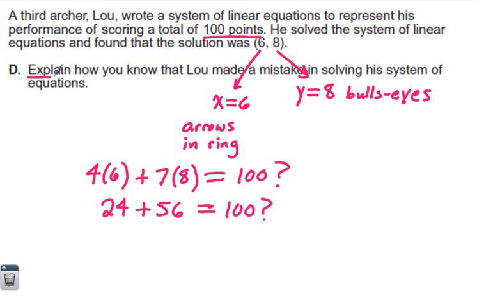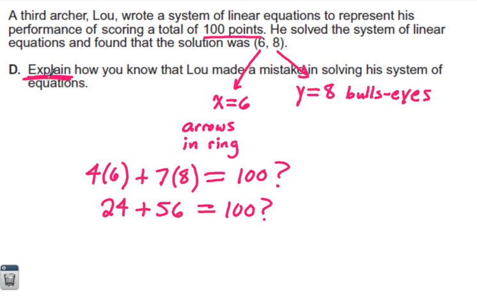So all you'd have to do is very clearly explain, when you actually calculate the number of points that 6 arrows in the outer ring and 8 arrows in the bullseye would be, clearly say that if the solution was 6, 8, then 6 would be the number of arrows in the surrounding ring, and that means 8 would be the number of arrows in the bullseye.